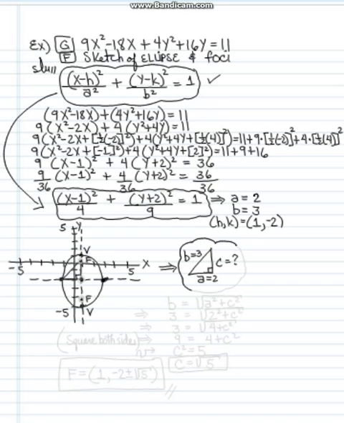So now we're going to use the Pythagorean Theorem. It says the hypotenuse equals the square root of leg squared plus leg squared. So that says that B equals the square root of A squared plus C squared.